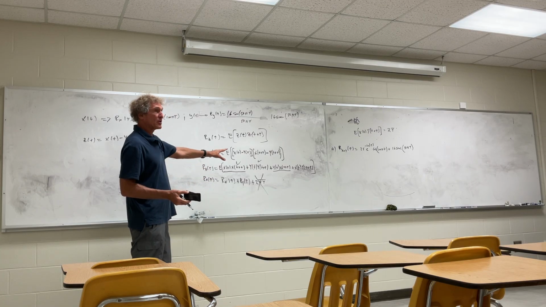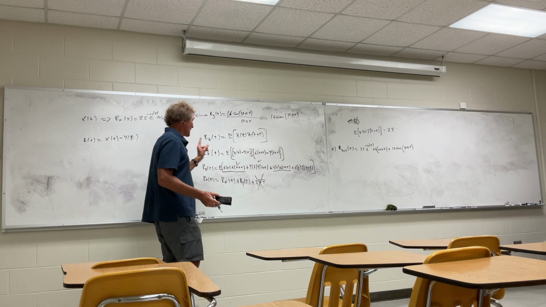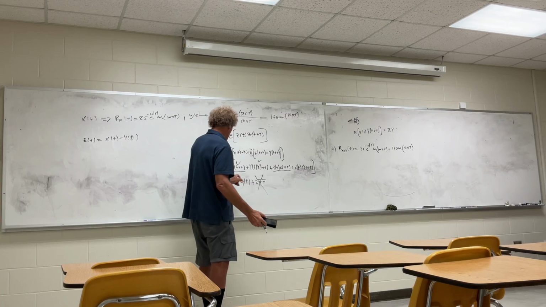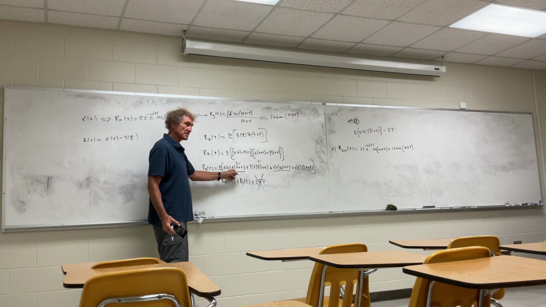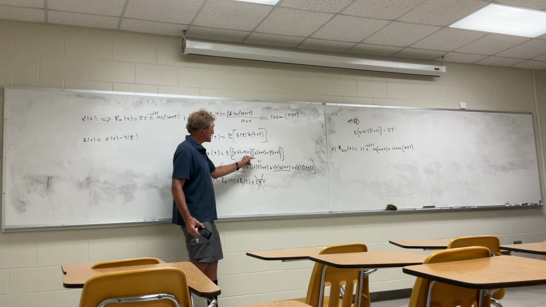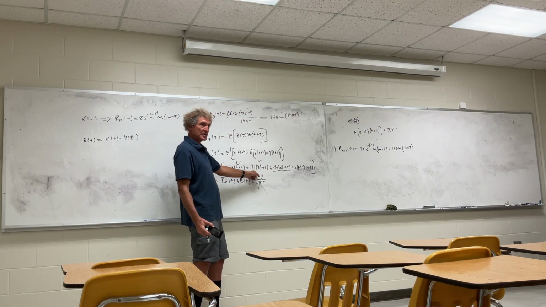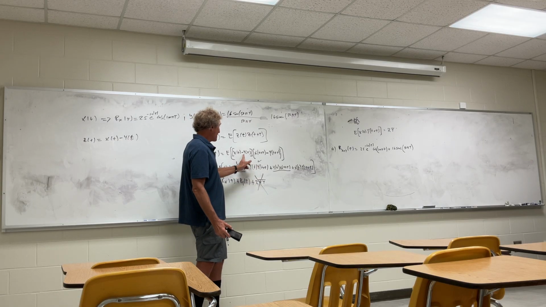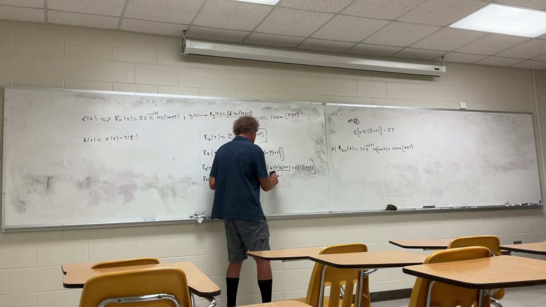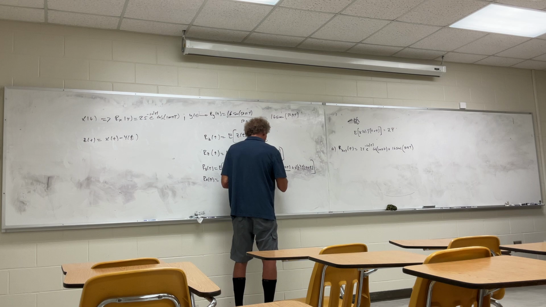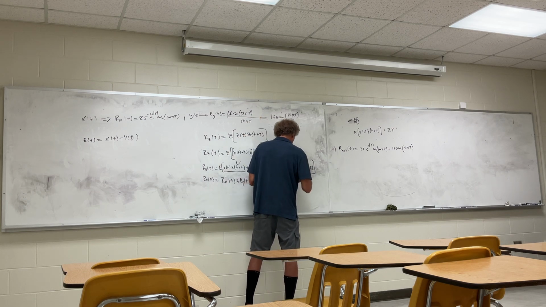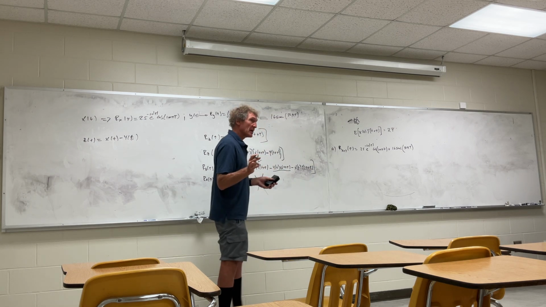Now you see, that's all I did, right? Now watch. This term times this term is still this term. Can you all see this? And this term times that term is still this term. You all see this? Now, this times this just makes this negative and this negative. Everybody with me on that?